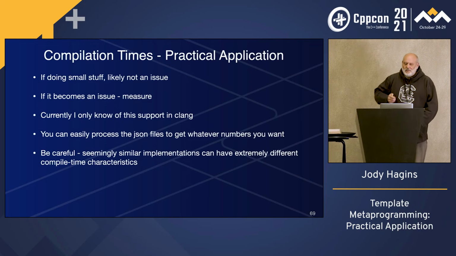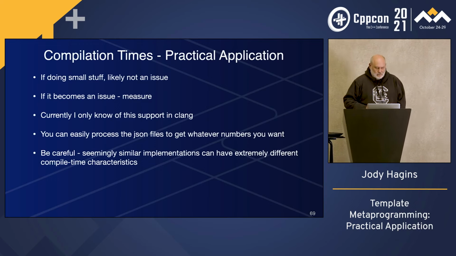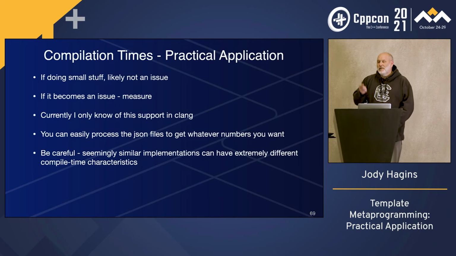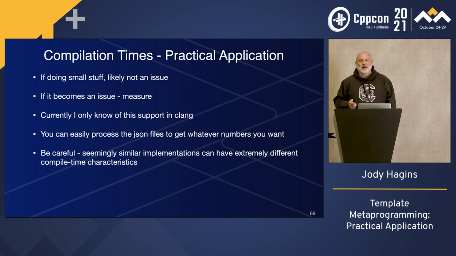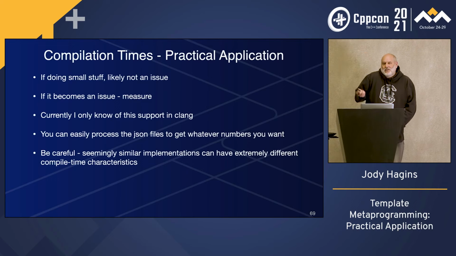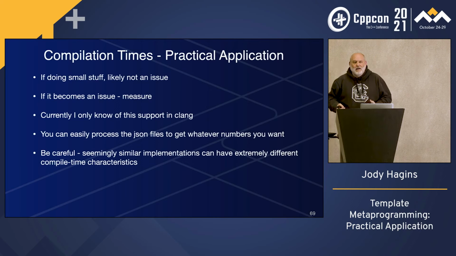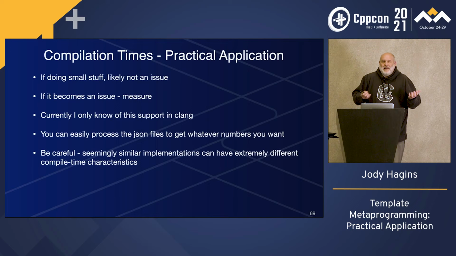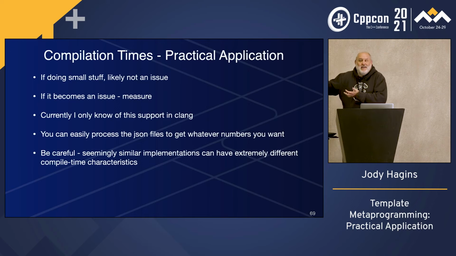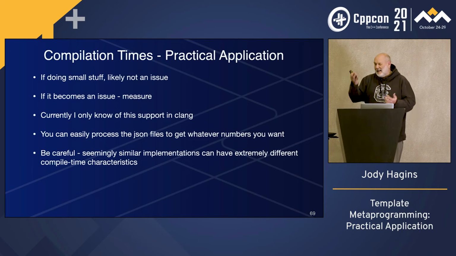So if you're doing small stuff, likely not an issue. If it becomes an issue, then measure. And now you have a tool with Clang to measure. There's no guarantee that you're going to have the same performance characteristics on GCC, though. So what you have to do is do big, bulky comparisons between Clang and GCC. If somebody is doing GCC work, maybe put this in. It would be kind of awesome. I'd buy you a donut.